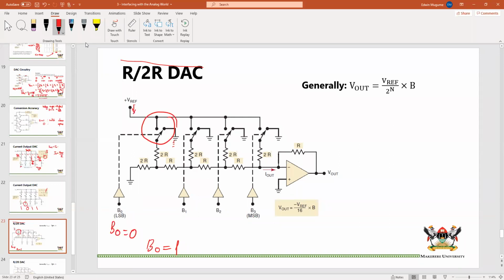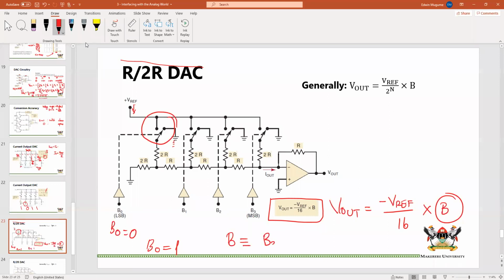There's a lot of circuit analysis that has already been done here, but for this 4-bit R-2R digital to analog converter, Vout is equal to negative Vref over 16 times B. And this B is equivalent to B3, B2, B1, B0.